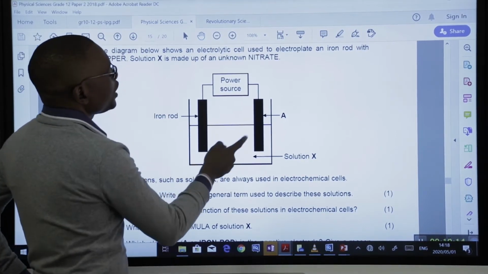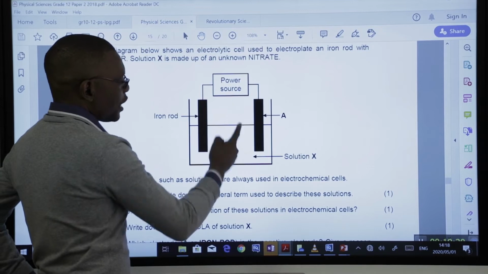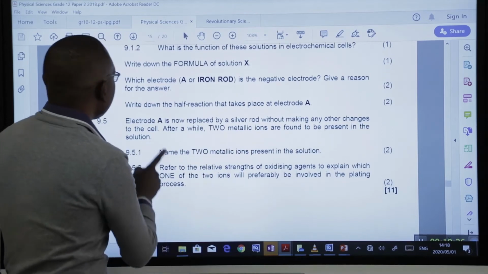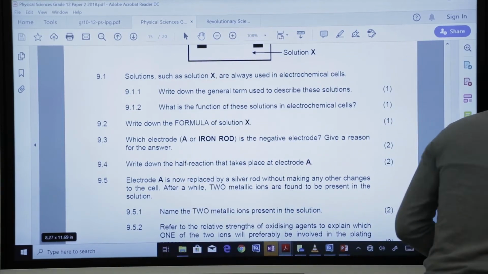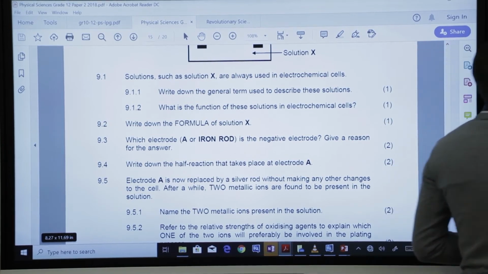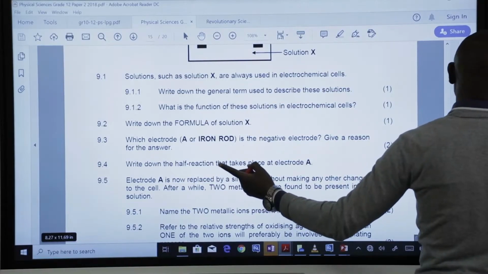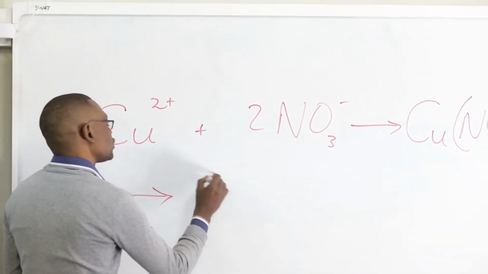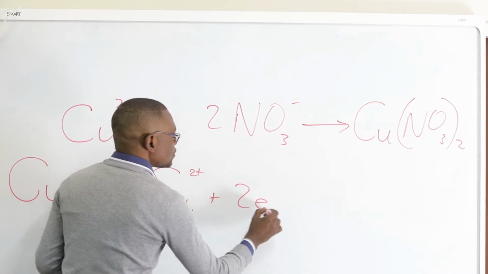So we need to generate Cu2+ from electrode A. At electrode A, atomic copper loses electrons. Since reduction is taking place on the iron rod, oxidation should take place at electrode A. Oxidation is loss of electrons, so the copper loses electrons like this.